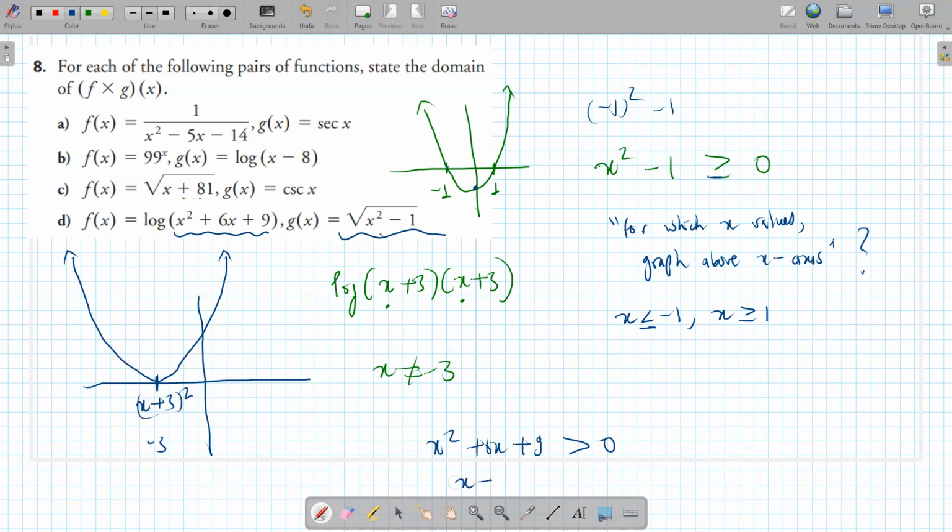So if you factor this, you'll see that it's going to be greater than 0 everywhere except at exactly -3. So that was our domain. That was right. This is our domain for the weird looking square root function. What's the combined domain?